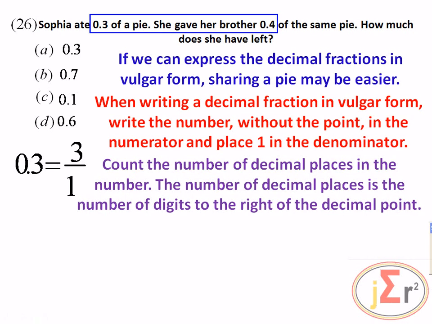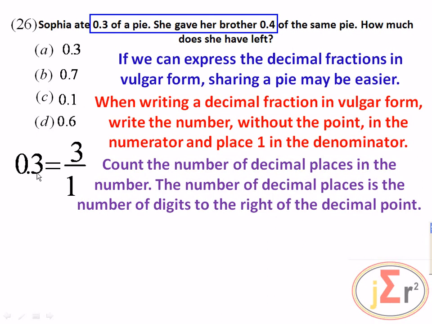The number of decimal places is the number of digits to the right of the decimal point. So counting the number of decimal places, we will only count the numbers that are to the right of the decimal point. Here we have the decimal point. How many digits do we have to the right of the decimal point? 1.